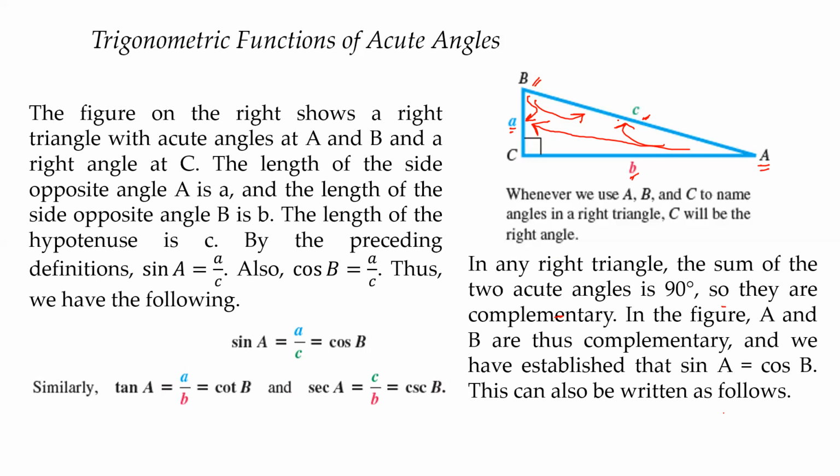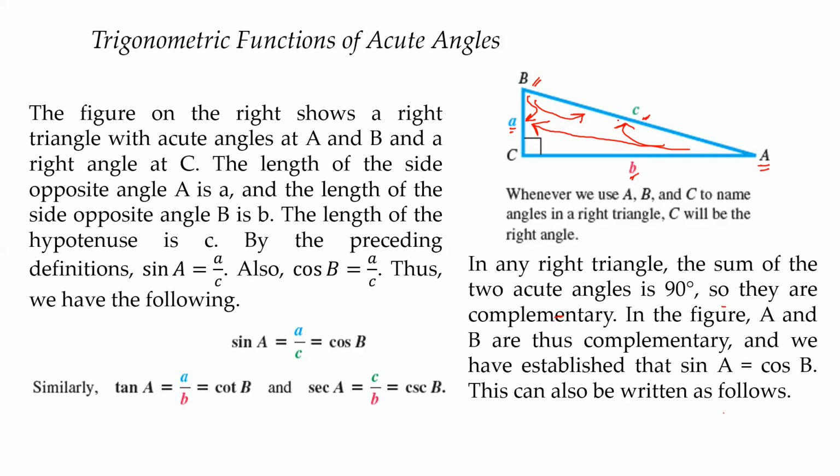Therefore, the remaining two acute angles sum to 90, since 90 plus 90 is equal to 180. And if the two acute angles sum to 90 degrees, it means that these two acute angles are complementary with each other. So in the figure, A and B are therefore complementary.